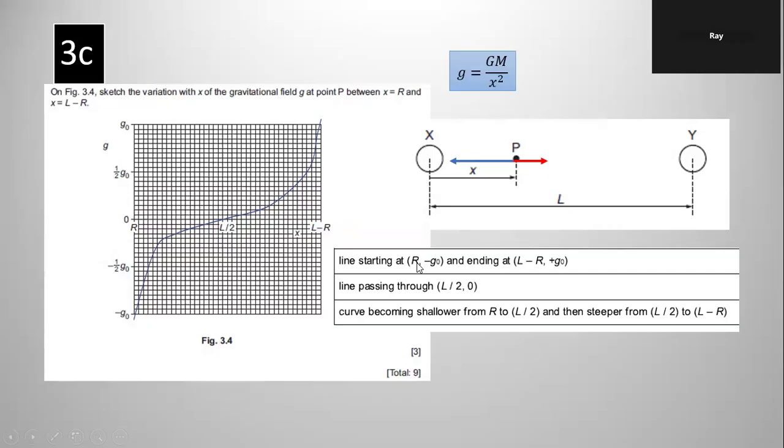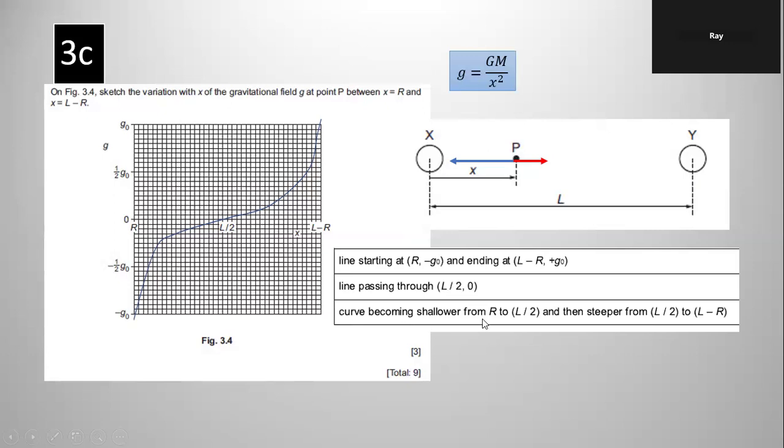Line at R, minus G0. That is what they are looking for. Ending at that. As long as your curve is that way, you get your first point. Line passing through L over 2, that point there. Okay, so you have to draw perfectly. Very difficult to draw using Microsoft Word.